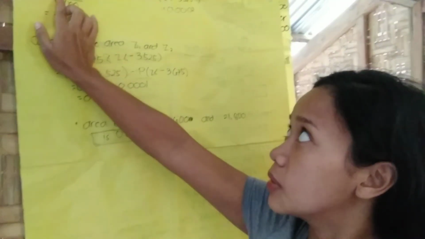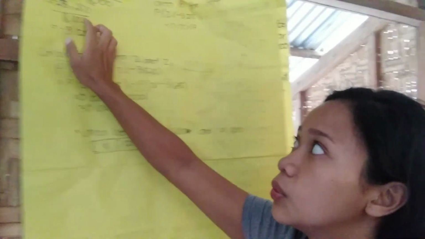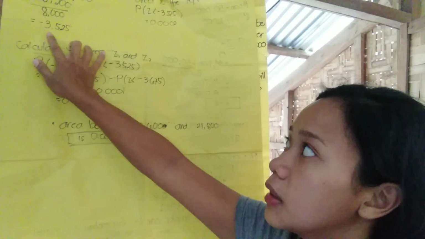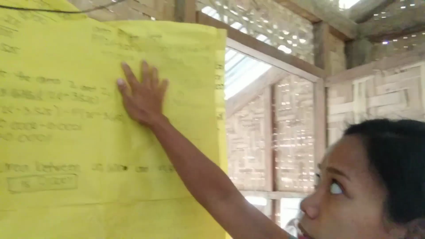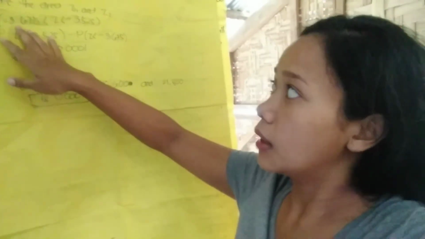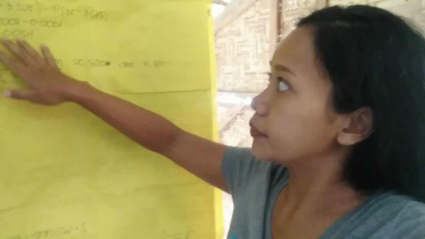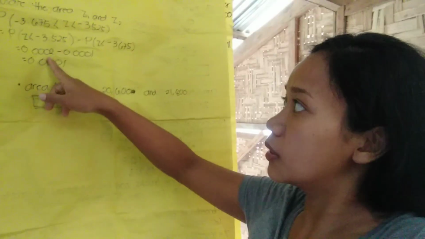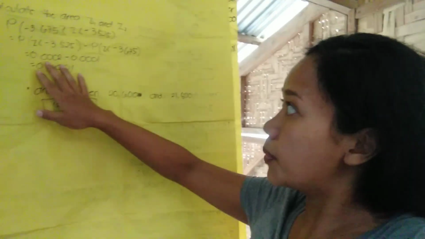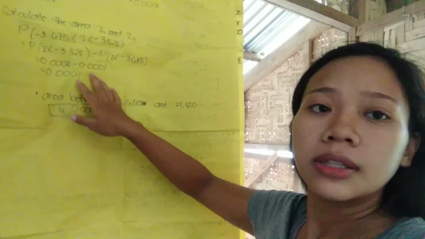So 21,800 minus 50,000 is equal to negative 28,200, divided by 8,000, which equals negative 3.525. So the area to the left on our curve is 0.0002. Then to calculate the area between z1 and z2, P of negative 3.675 to negative 3.525, the area is 0.0002, then we subtract it from 0.001. So the area between 20,600 and 21,800 is 0.001.